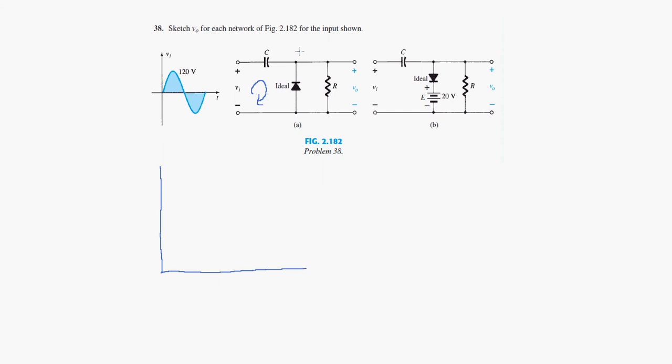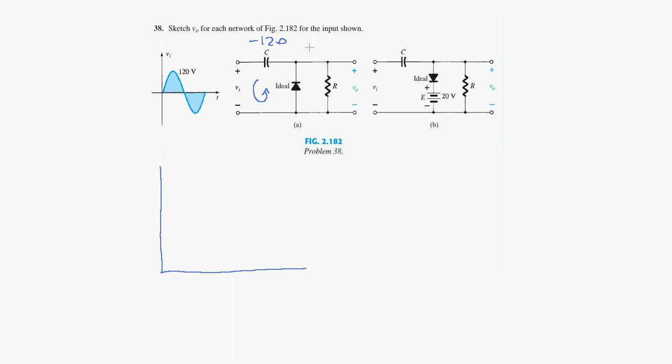So then we look at the counterclockwise direction here, and on the negative side we have Vi in this direction, charging the capacitor to minus 120. I guess you get the idea.